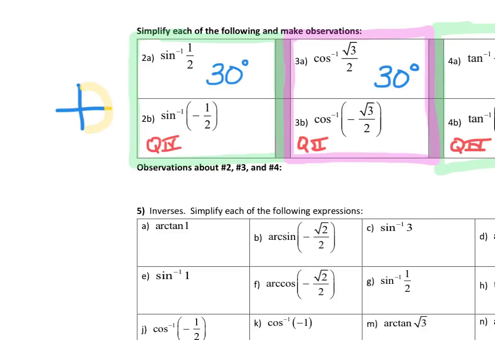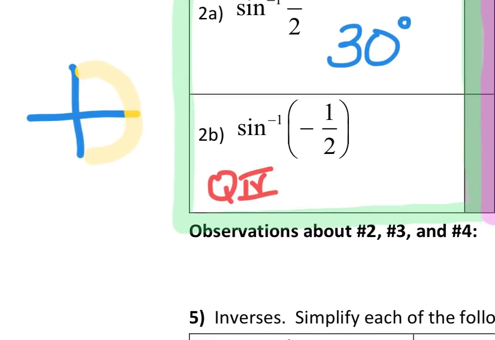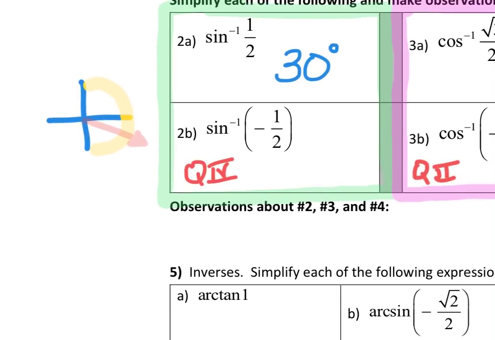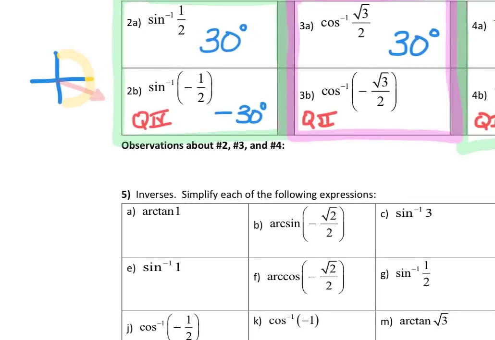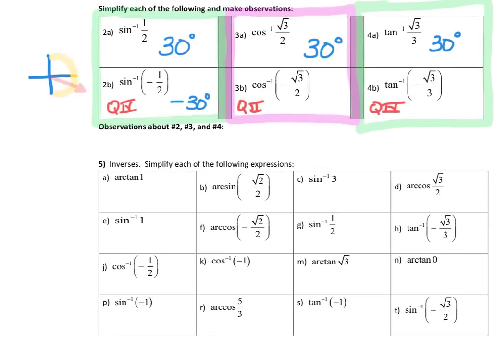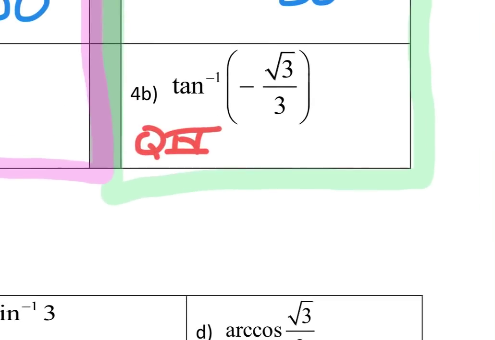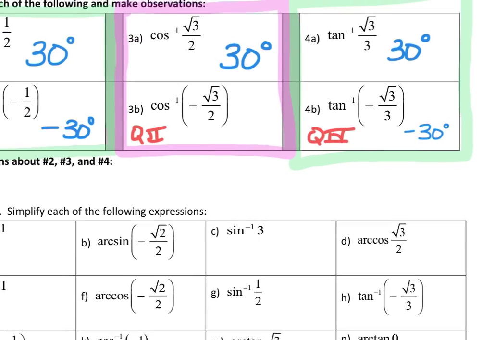Just remember that negative 30 in the fourth quadrant is going to be written as a negative angle. It's not going to be positive 330, it's going to be negative 30. So when you write the fourth quadrant angle for sine inverse or for tangent inverse, you're going to write negative and then a fourth quadrant angle, not a positive big number. So negative 30, negative 30.